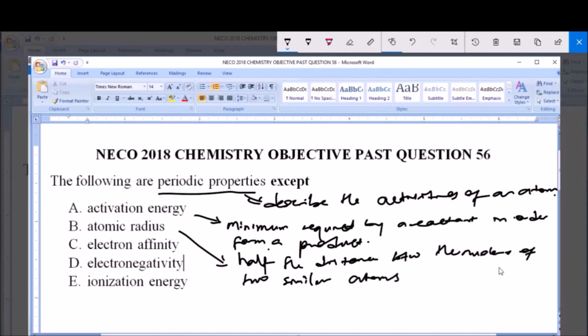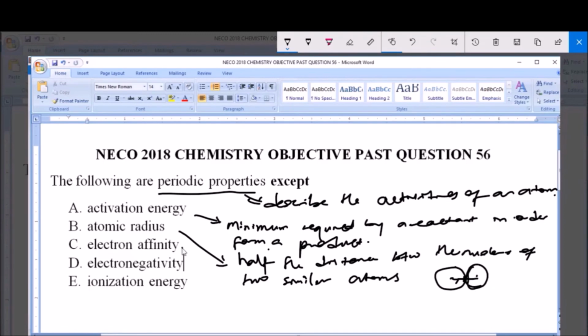Let's say, for instance, we have two atoms like this, and this is the nucleus of this atom. Now, this is the distance between these two nuclei. Half this distance is what we call the atomic radius. So you can see that atomic radius is describing the distance between the nuclei of two atoms. So it's describing the atom, so we can refer to it as a periodic property.